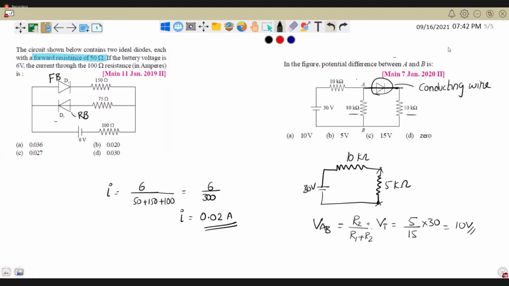So current is 30 divided by 15 kilo ohms, right? So 2 milliamperes goes here. These two are in series, isn't it? So V2 is R2 divided by R1 plus R2 into total voltage, correct? Same process. Yes, sir.